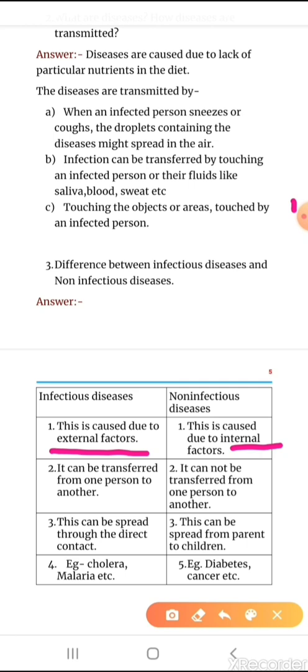But in case of non-infectious diseases, it can be transferred only from parent to child. Remember, non-infectious diseases can be spread from parent to children. Examples of infectious diseases: cholera, malaria, etc. Examples of non-infectious diseases: diabetes, cancer, etc.